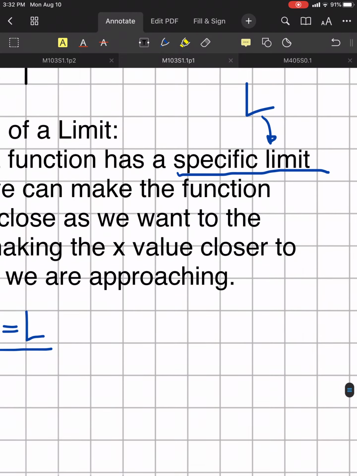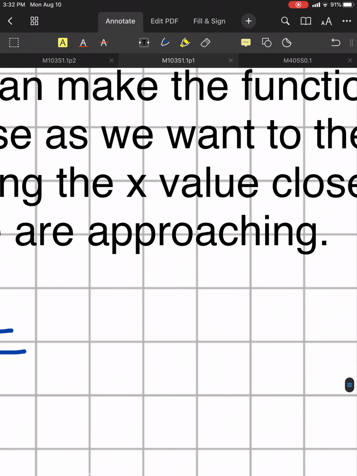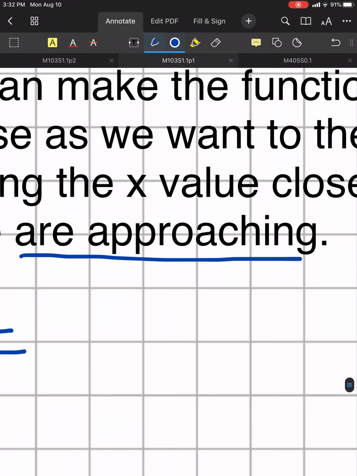That's the specific limit. And the value that we're approaching here is that a value. In other words, what x is getting close to.